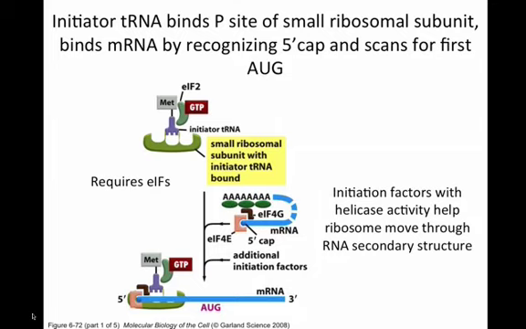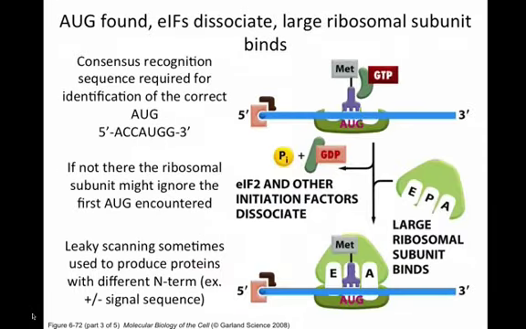And then you have recognition of the 5' cap by the small ribosomal subunit, and then scanning for the first codon, the AUG. So then the AUG is found. Yay! Are we excited? Yay, AUG. The EIFs dissociate, and the large ribosomal subunit is brought in, and it binds, right?